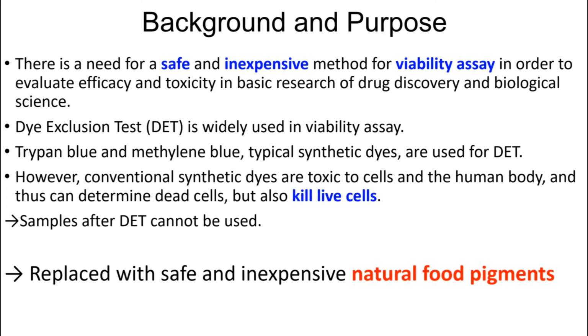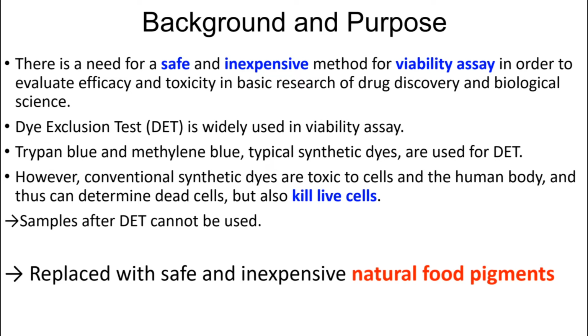Trypan blue and methylene blue, typical synthetic dyes, are used for DET. However, conventional synthetic dyes are toxic to cells and the human body, and thus can determine dead cells but also kill live cells. Samples after DET cannot be used.